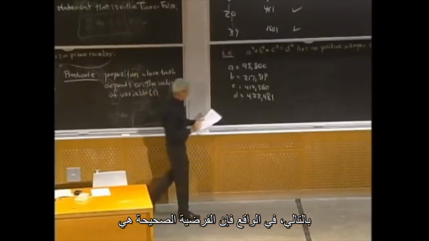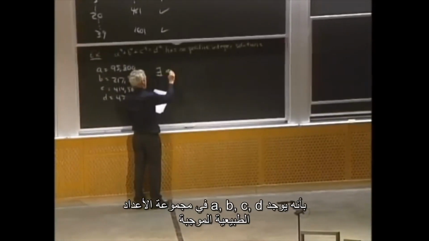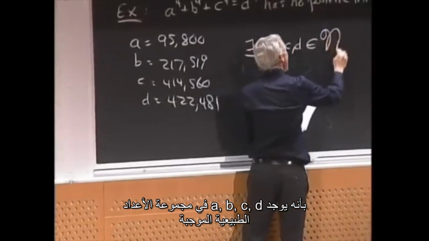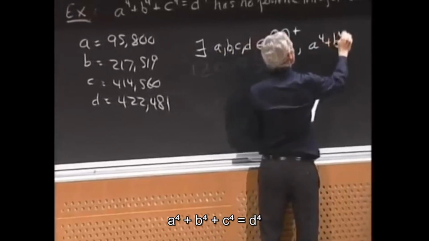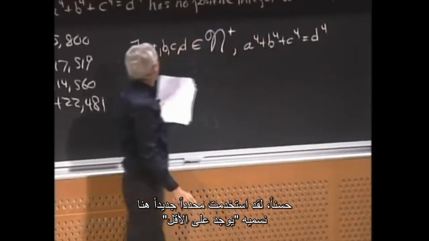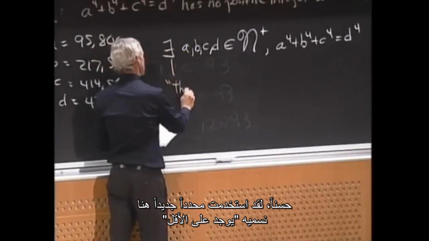So, in fact, the correct true proposition is there do exist A, B, C, D in the positive natural numbers such that A to the 4th plus B to the 4th plus C to the 4th equals D to the 4th. All right, I used a new quantifier here called there exists.